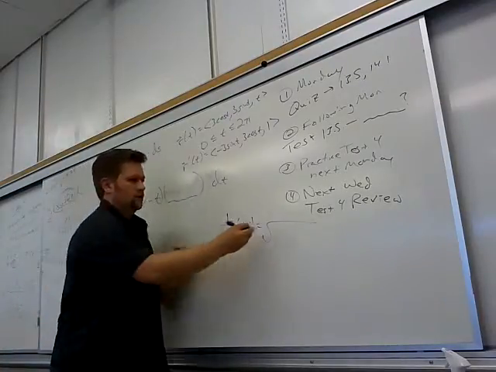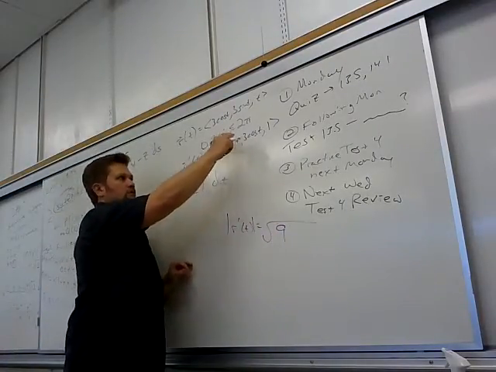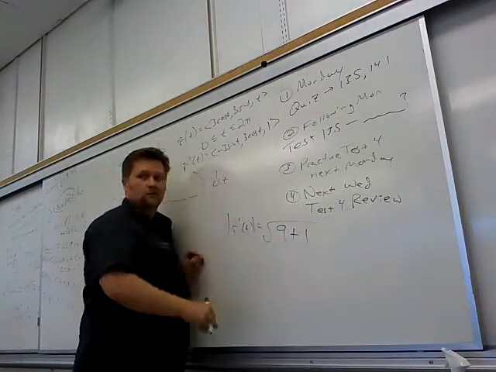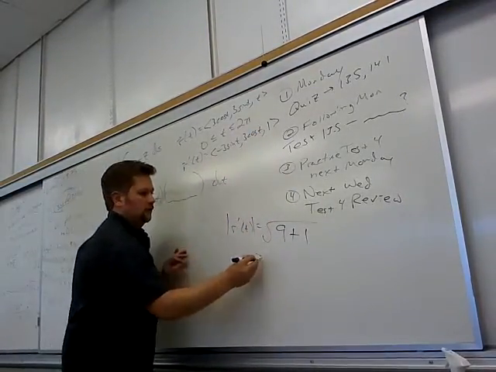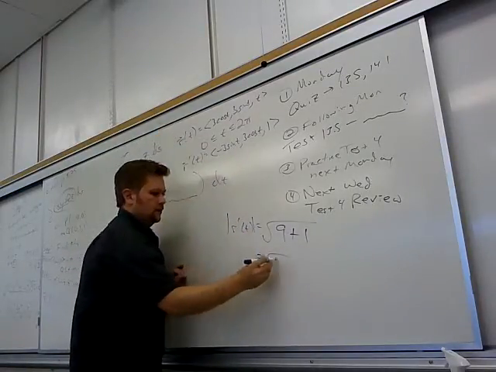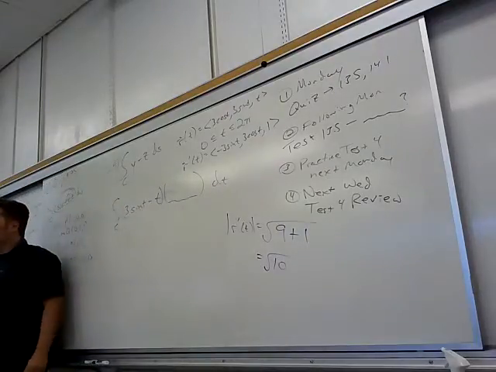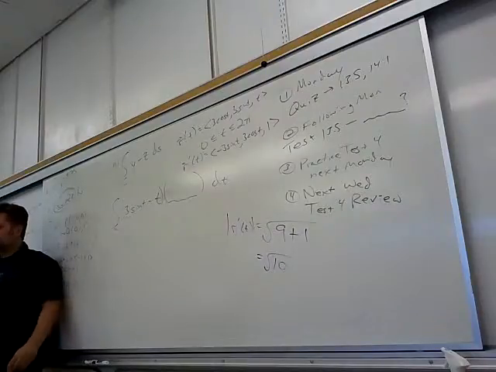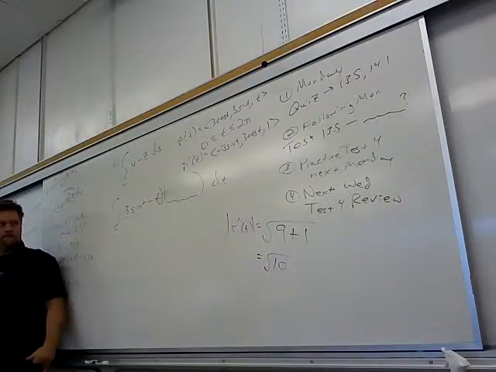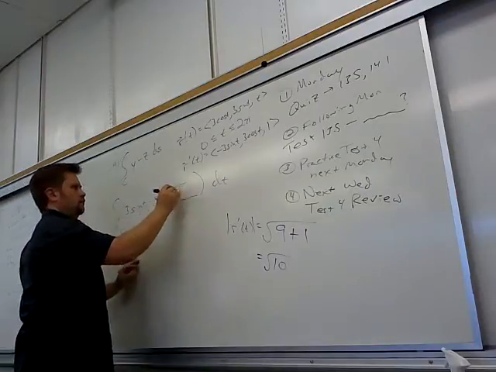Take a 9 out and you get sine squared plus cosine squared, which is 1, plus 1 squared is 1. So the magnitude of the derivative of r is going to be square root of 10. R prime is like a tangent. Cool. So right there just goes square root of 10.